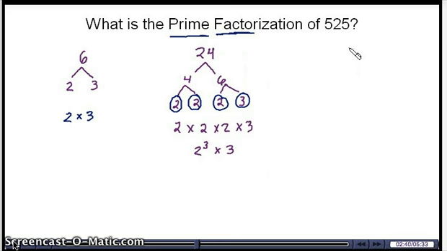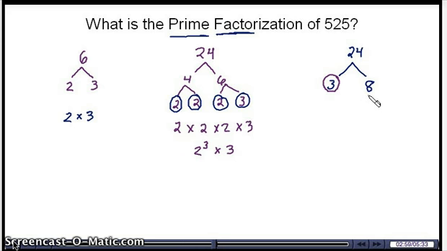But let's try another pair. Let's see what happens if we try 3 times 8. This time, one of our numbers is prime. The number 3 is prime. So we're done with this side of the factor tree. But we can simplify the number 8 a little bit further.